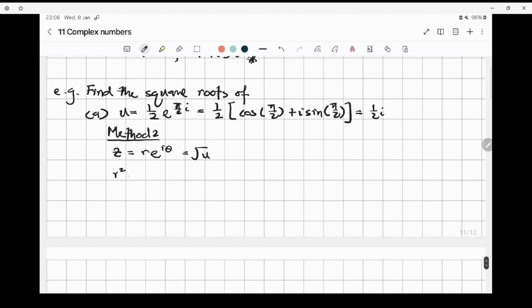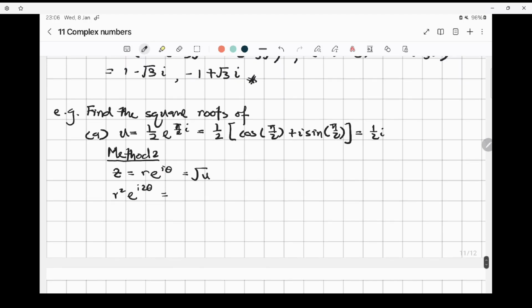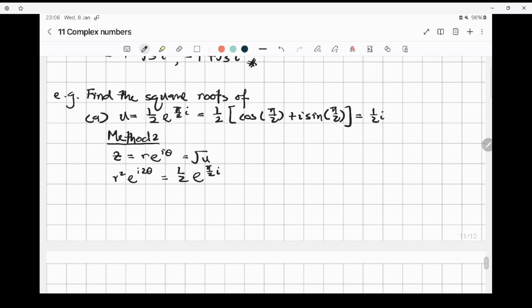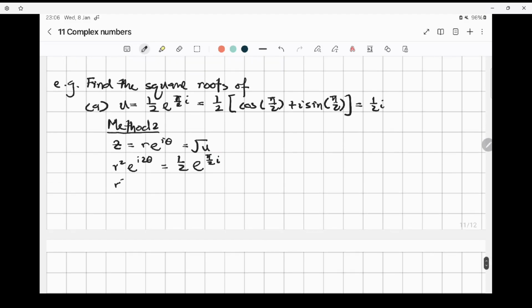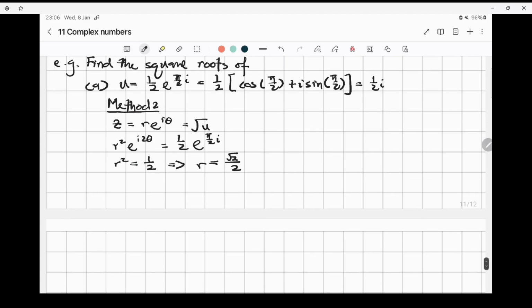So r squared e^(i 2 theta) will be equal to u. Okay, so r squared is 1 over 2. So this means that your r would be square root 2 over 2.